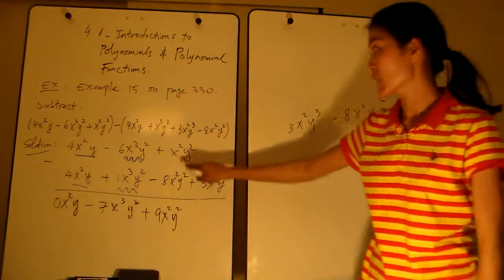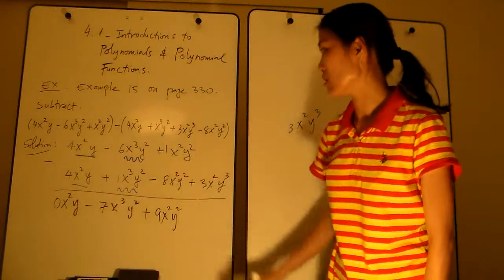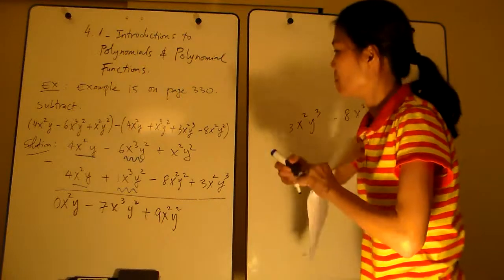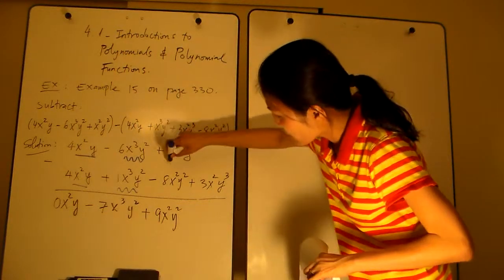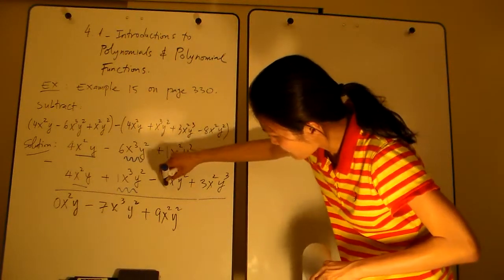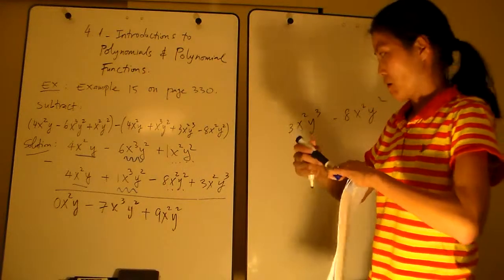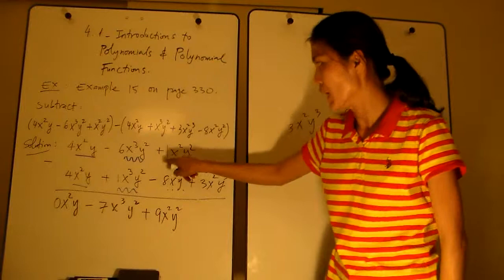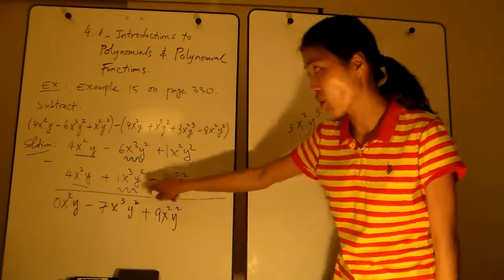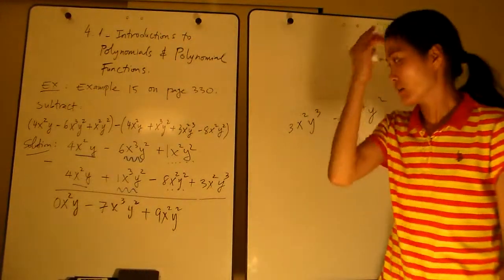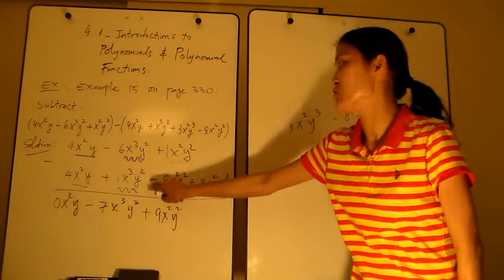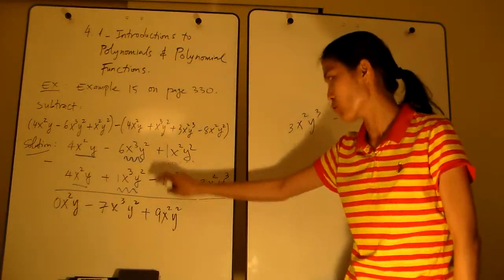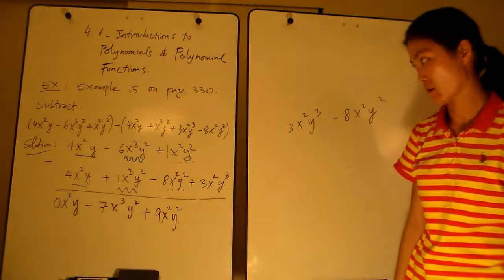Make sure you see this term has coefficient 1. I combine this term and this term because they have the same variables and exponents. This term has 1, this term has negative 8, but don't forget the negative in front. The negative in front distributes with this negative and becomes plus. So plus 1 is 9x squared y squared.